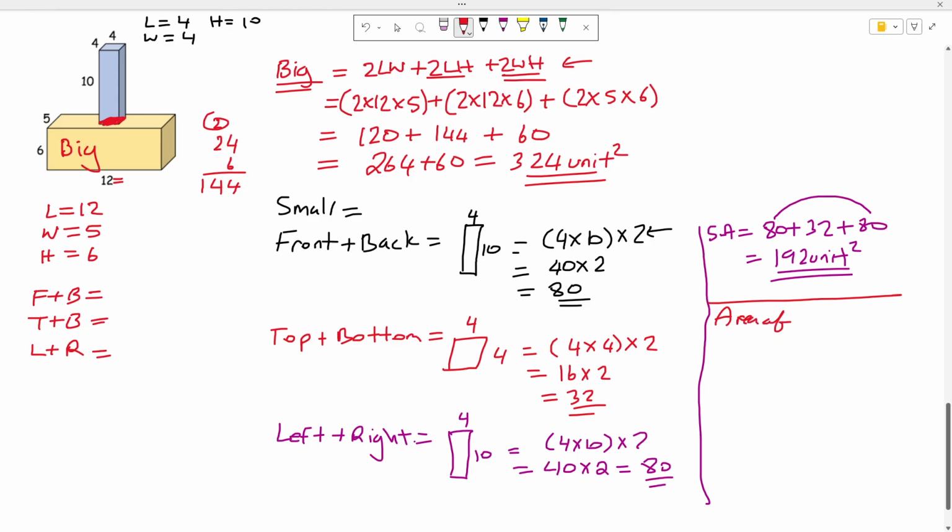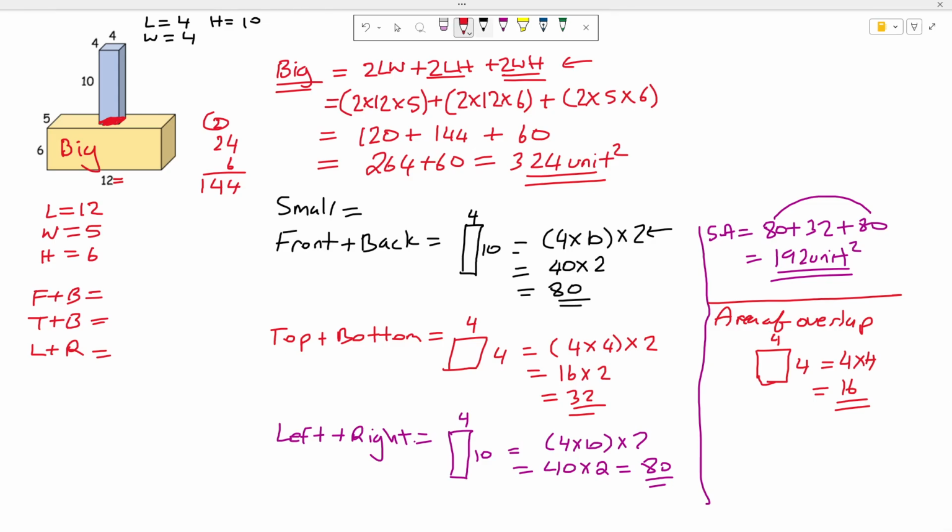The area of overlap is a square with dimensions 4 and 4. So the area of the overlap will be 4 times 4, which is equal to 16. Now we have come to our final conclusion.